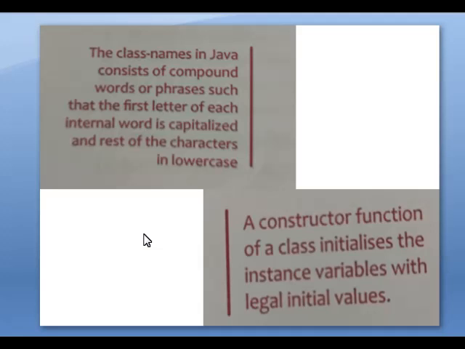So the first letter is a capital letter, and all the other letters are small letters. A constructor function of a class initializes the instance variables with legal initial values.